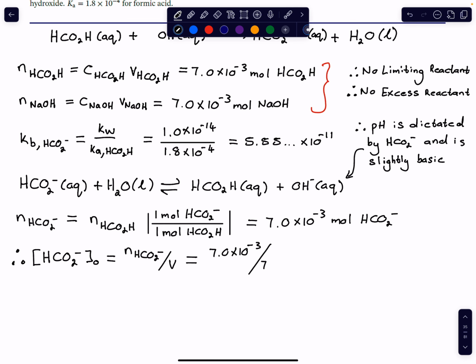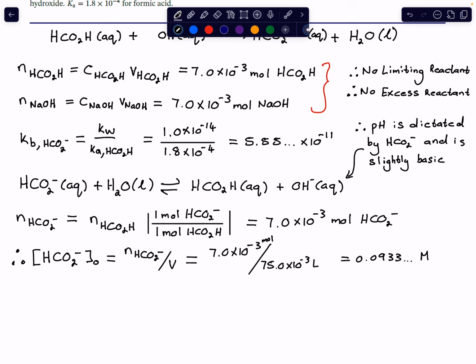So that means it is 75.0 times 10 to the negative 3 liter. This is of course in mole. So that means I get a value here of 0.0933, etc. molar formate anion at the start of this equilibrium.